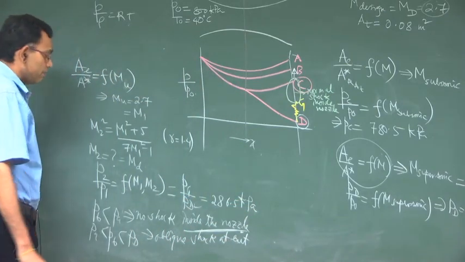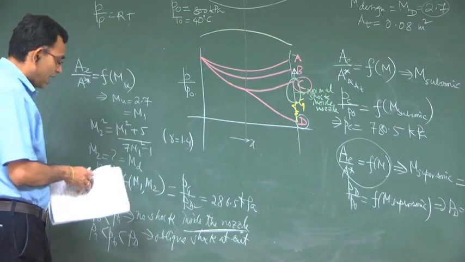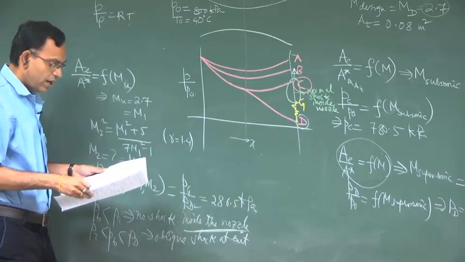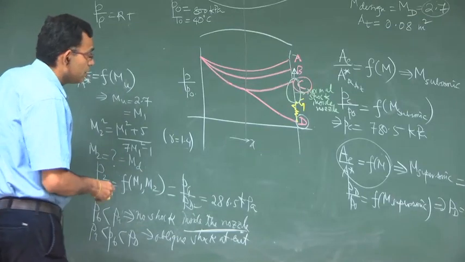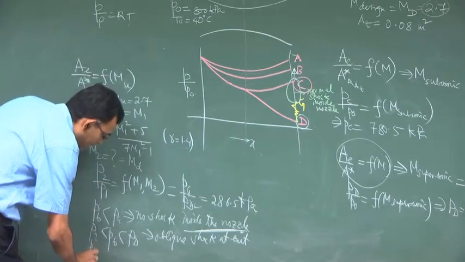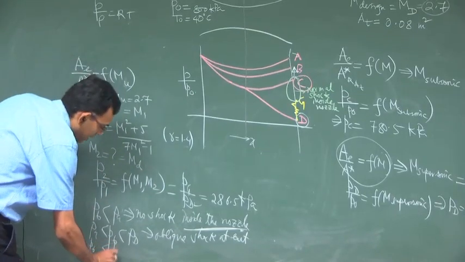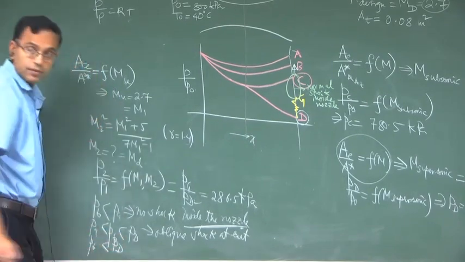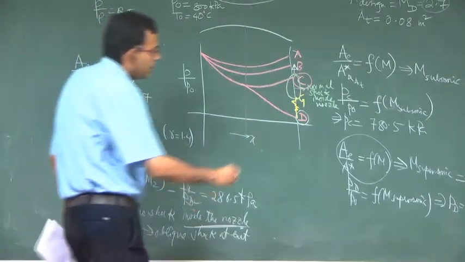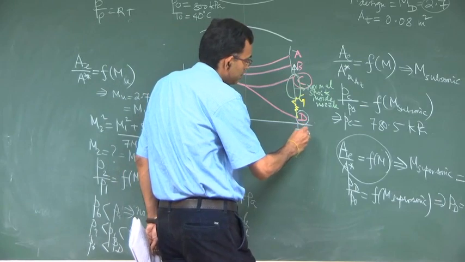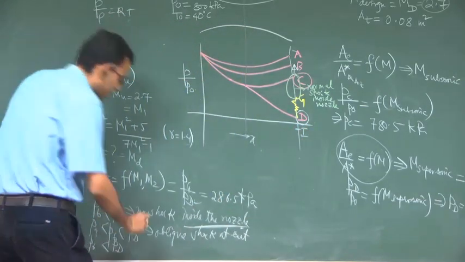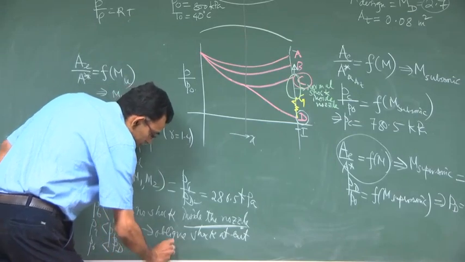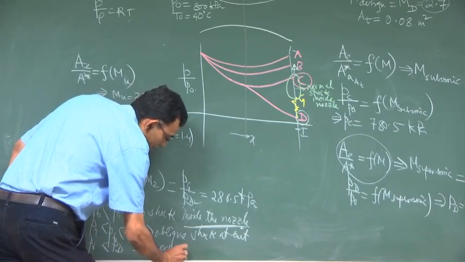And finally, the last part of the question is what is the range of back pressure when there is expansion wave at the exit. So, when Pb is less than Pd, that is somewhere here, then there is oblique expansion wave at the exit.